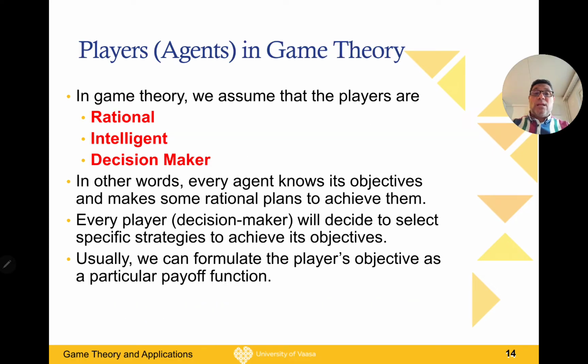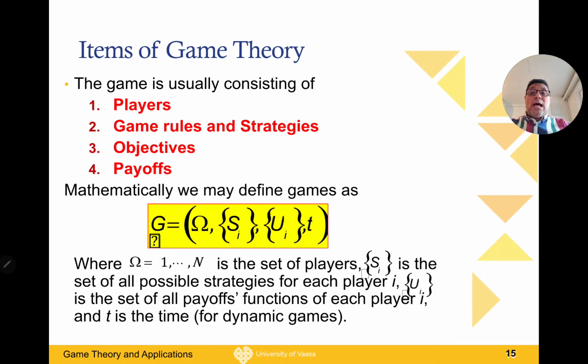Okay, so in any game we need the player to be rational, intelligent, and a decision maker. So these three conditions are required in general for game theory. Okay, and the items of game theory in general: game theory consists of four things at least.